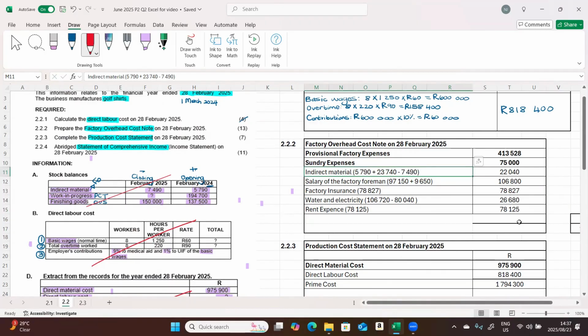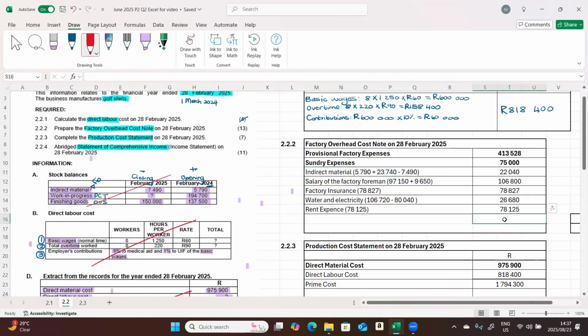So 413,528 plus 75,000 plus 22,040 plus 106,800 plus 78,827 plus 26,680 plus 78,125, and that gives you a total.